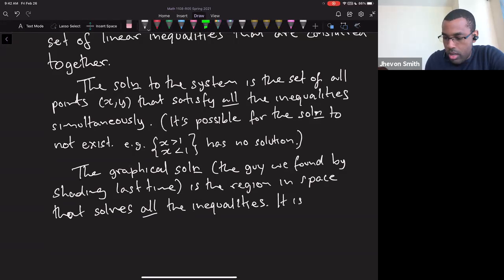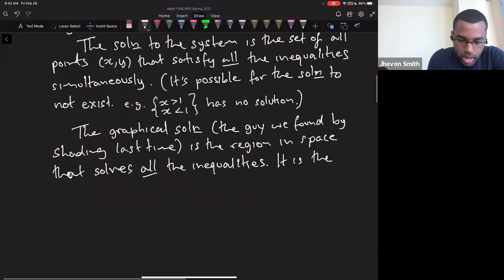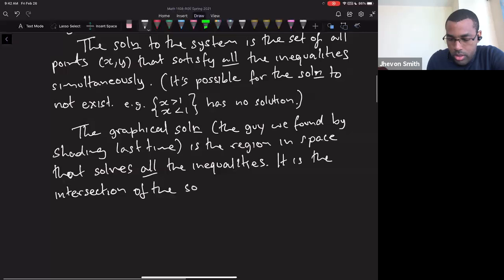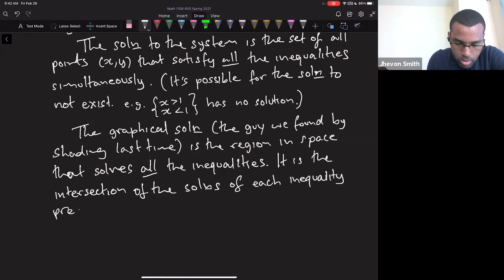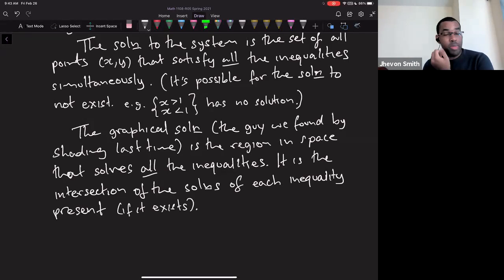It is the intersection of the solutions of each inequality present, if it exists. Right? So essentially it's going to be an overlap of all the solutions that I taught you how to find in the last class. You're going to have to find several solutions and overlap them.